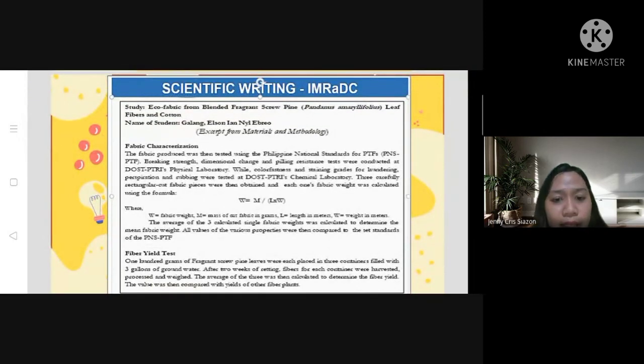So, makikita natin na talagang ito, the fabric produced when was then tested using Philippine national standards for PTF. Breaking strength, dimensional change, and piling resistance tests were conducted at DOST-PTRI. So talagang nilalagay yung location kung saan kinonduct yung experiment, kung saan kinonduct yung tests, no? Kasama po talaga yan. And then, yung measurement, napaka-importante, pati yung units nila. Di ba? The mass of the cut of the fabric in grams, the length in meters, so napaka-importante po lahat.